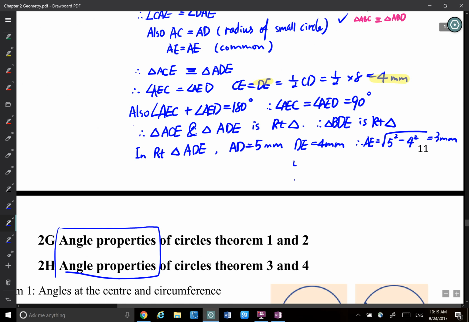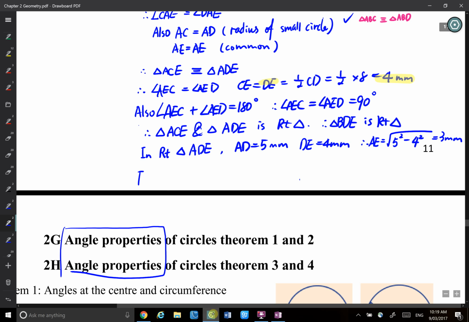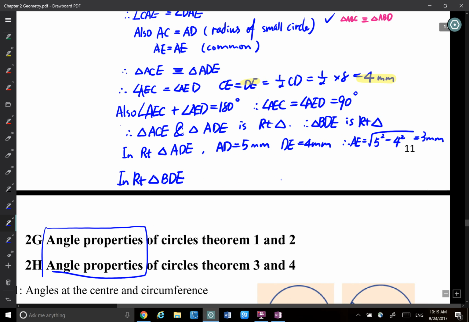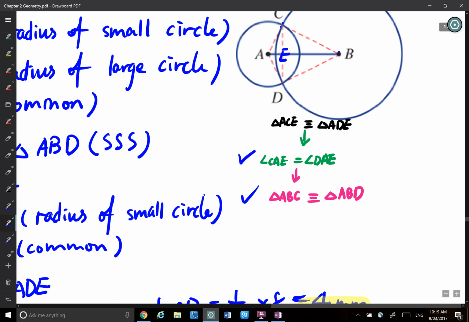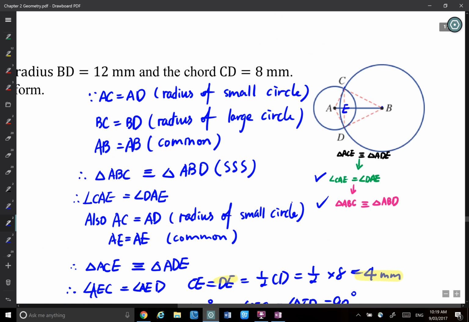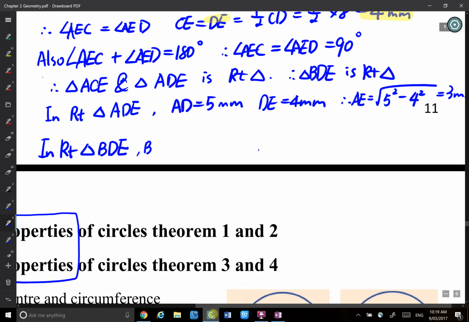And then we have another one, in right angle triangle BDE. BDE is the right hand side right angle triangle, this one. So BD equals 12 millimeters, and DE is still 4 millimeters.